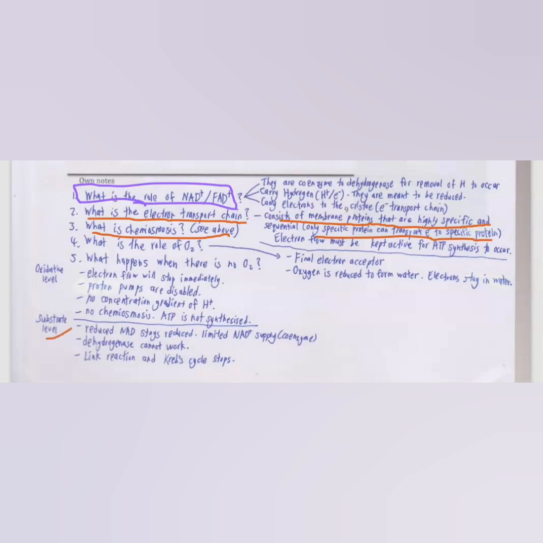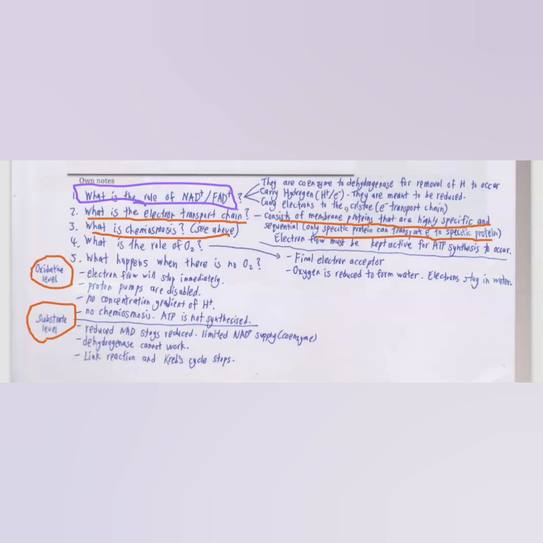So what is substrate level phosphorylation, and what is oxidative phosphorylation? If oxidative phosphorylation stops due to the absence of oxygen, substrate level phosphorylation will also stop, because the reduced NAD and reduced FAD will not be set free, so they are not available for the Krebs cycle to carry the protons. So SLP in the Krebs cycle and glycolysis will also be stopped.